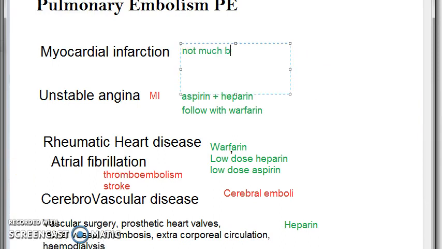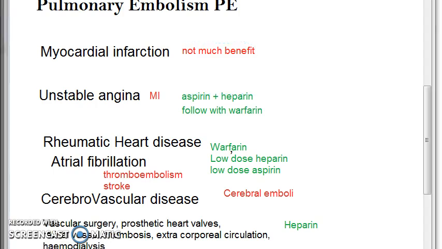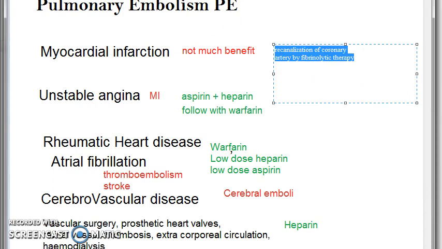Not much benefit has been seen in preventing any immediate mortality with anticoagulants. However, heparin has been used in recanalization of the coronary artery by fibrinolytic therapy, and also for coronary angioplasty and stent placement.